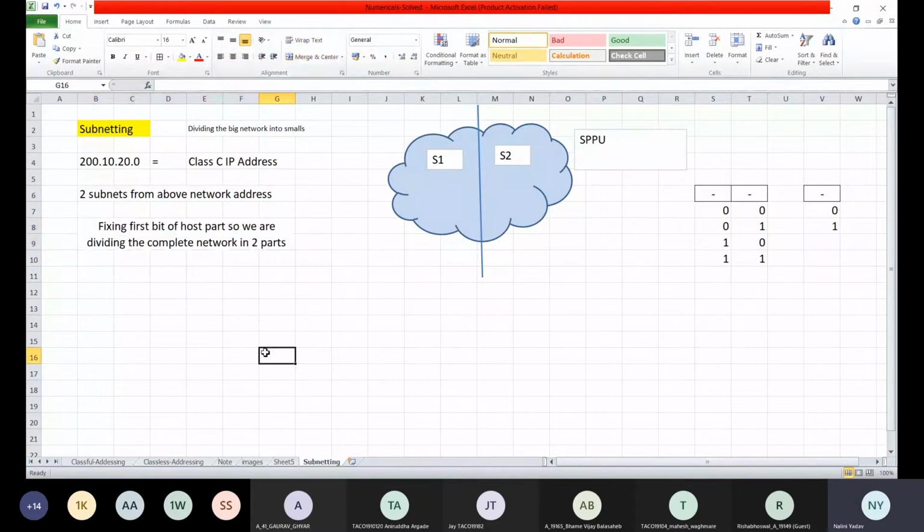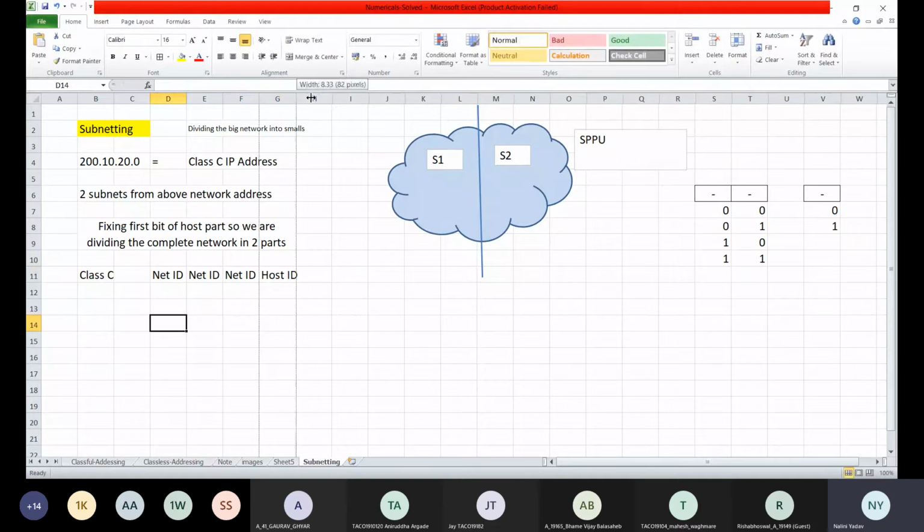So by fixing a single bit of the host part, we are dividing the complete network into two parts, right? Now, I have taken the example of a class C IP address, so how many host bits are available? See, class C is depicted as network ID part, the first three bytes, and the last byte will be my host ID part, correct?